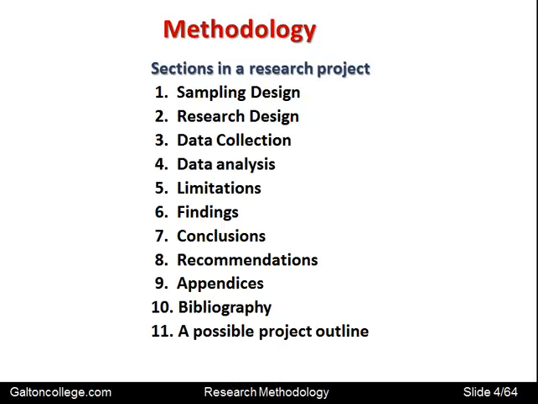We'd expect to find something on the sampling design, the research design itself, the data collection, the data analysis, the limitations of the whole exercise, the limitations of the analysis, the findings, the conclusions, the recommendations, the appendices, the bibliography, and a possible project outline at the very end. So we'd expect to find those headings to appear in the research project.